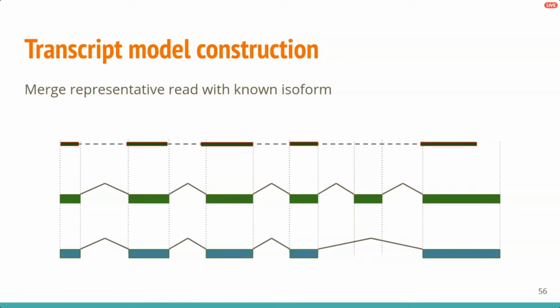So this is some kind of using read and annotated isoform. And what we get in the end is some bluish isoform, which is a copy of the green isoform, but with the exon skipped.